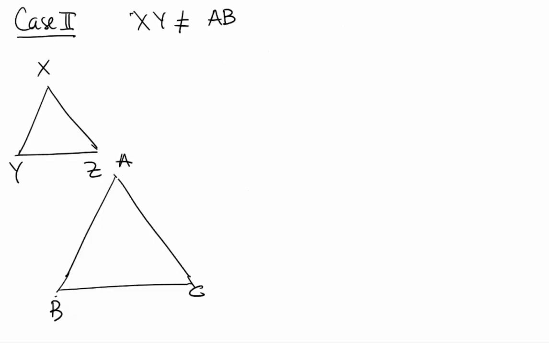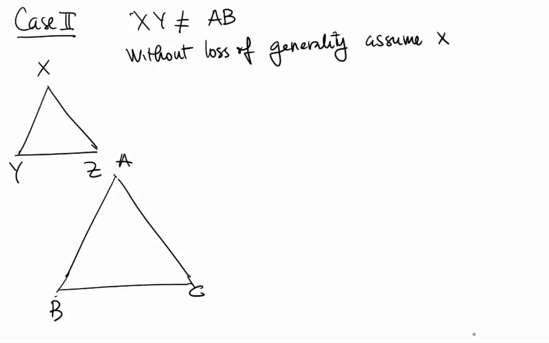For the second case, let us assume now that XY is not equal to AB, and without loss of generality, let us assume that actually XY is strictly smaller than AB. Okay.